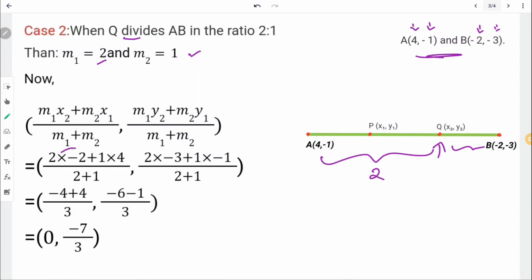Now let's start multiplying. 2 into minus 2 is minus 4, then 1 into 4 is 4. 2 into minus 3 is minus 6, 1 into minus 1 is minus 1. Once we're done with that, minus 4 plus 4 is simply 0. Then minus 6 minus 1, we have to add them, but the sign will be minus, so we get minus 7 by 3. So for Q, the coordinates are 0, minus 7 by 3.